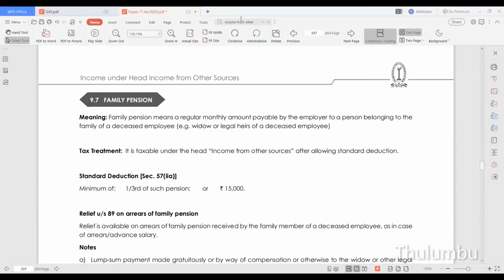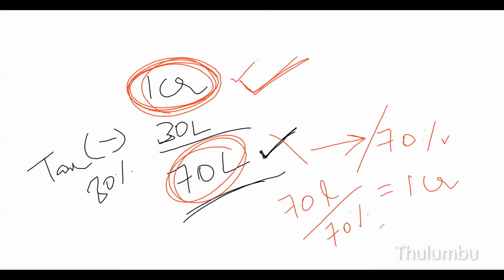So the next important item is family pension. So when a question comes on income from other sources, you can expect a question from family pension.